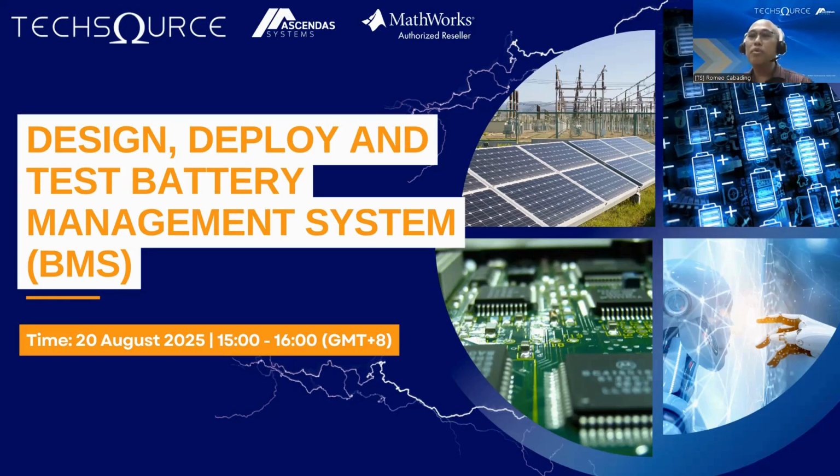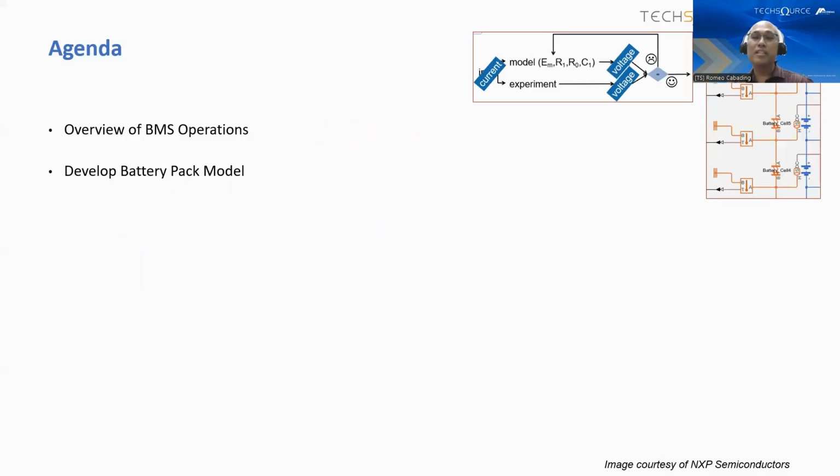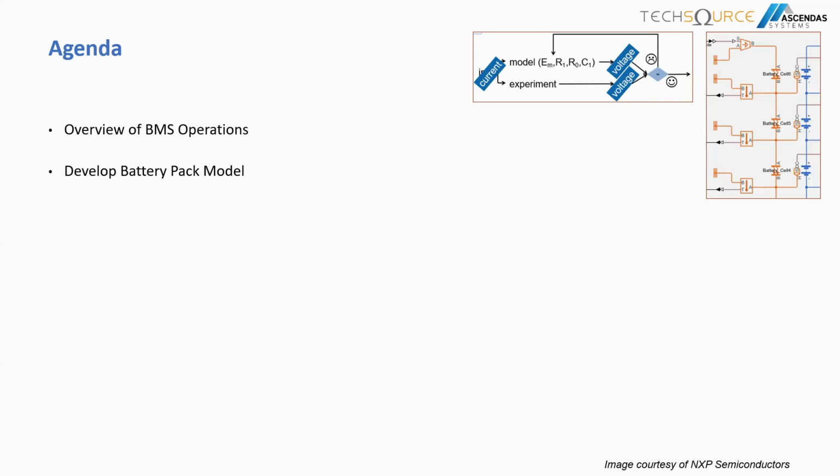So let me move forward with our agenda for today. We'll begin with a quick overview of BMS operations, then move on to building blocks and parameterization of battery pack models. We'll take a look at how we can design and validate battery management system algorithms. Finally, we'll discuss hardware in the loop testing and how it enables safe and efficient verification.